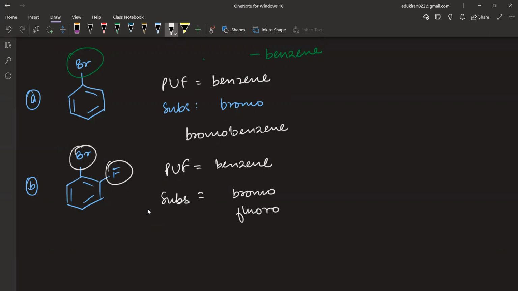Any one of them can be numbered 1 and the other 2. But whenever you have a tie in the numbering, we use the alphabetical order. That is why it will be 1 bromo and 2 fluoro. So this will be named 1 bromo, 2 fluoro, benzene. Is this clear? Yes, sir.